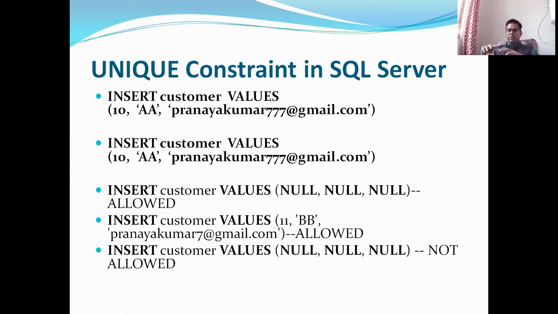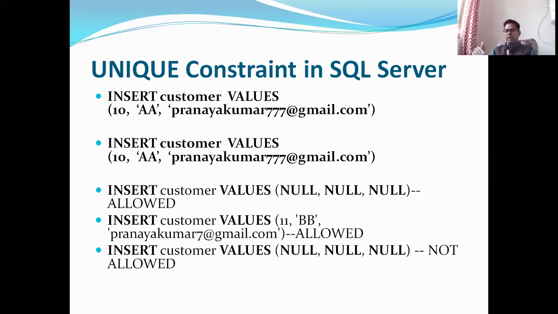Suppose I have mentioned unique on all 3 fields in a table, such as the customer table. Once I insert a record, such as the first record AA, and email ID, and ID, whatever, and after that I try the same record, that is not unique, so it will throw an error. In a similar way, once I have entered a null record in all 3 fields, that will be allowed.